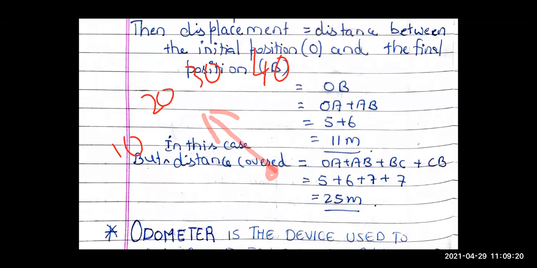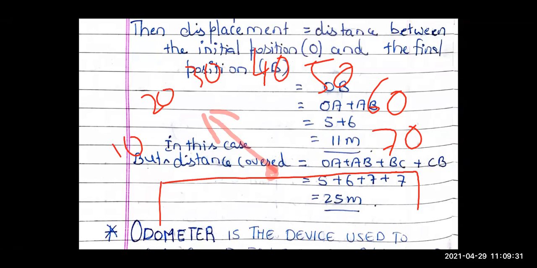These numbers indicate the speed, right? 60 kilometers per hour, 70 kilometers per hour, 80 kilometers per hour. And below this, you will see a rectangle, and in the rectangle, some numbers are written.